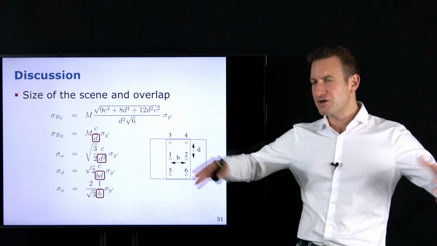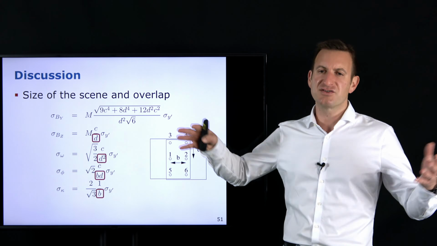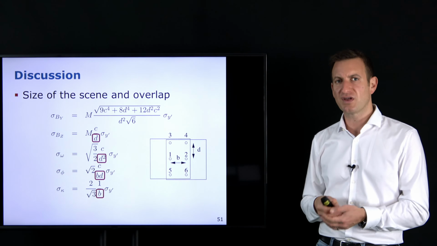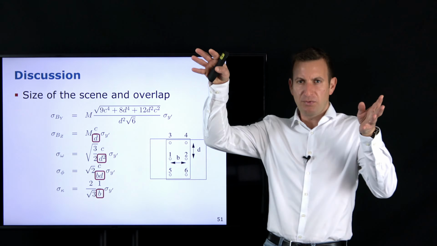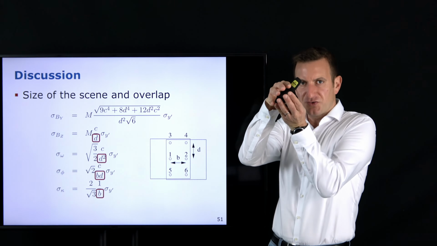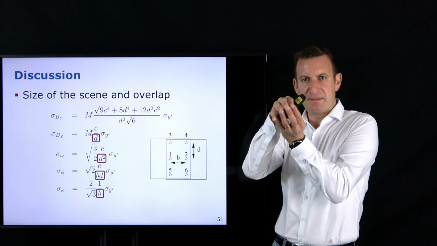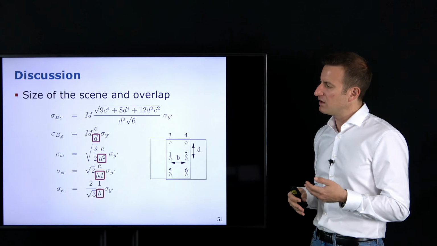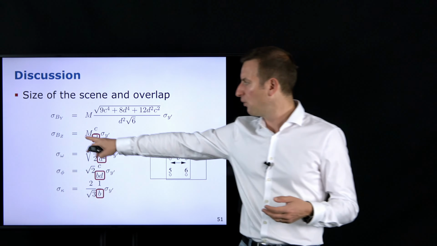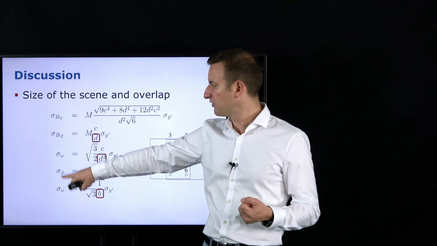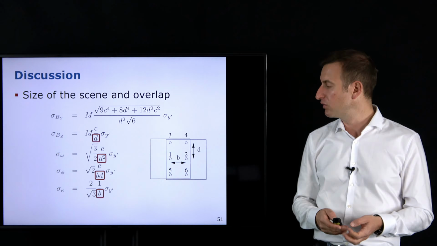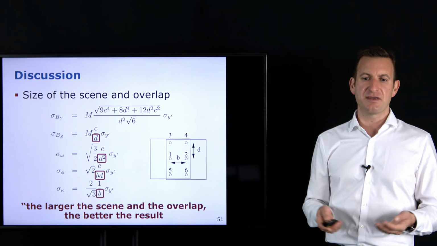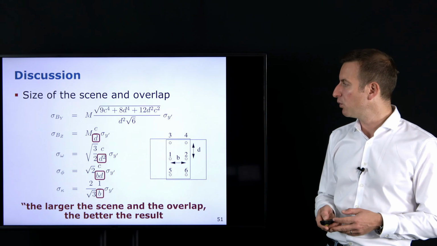That means the larger the points are spread over my image, or the larger the scene is, the better the result will be. So the more precisely I can pinpoint my points. If all points are sitting close to the same location, the uncertainty of my parameters will be very big. If I'm spreading that all over the image, that is much better and will give me better parameters for my baseline in Z and the rotational components in here. So the larger the scene and the overlap, the better my result will be.